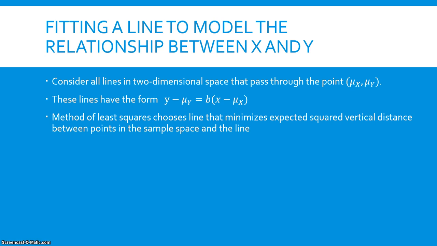Now, the method of least squares chooses a line that minimizes the expected squared vertical distance between the points in the sample space and the line. We're going to minimize the expected value of y minus the mean of y minus b times x minus the mean of x, squared.